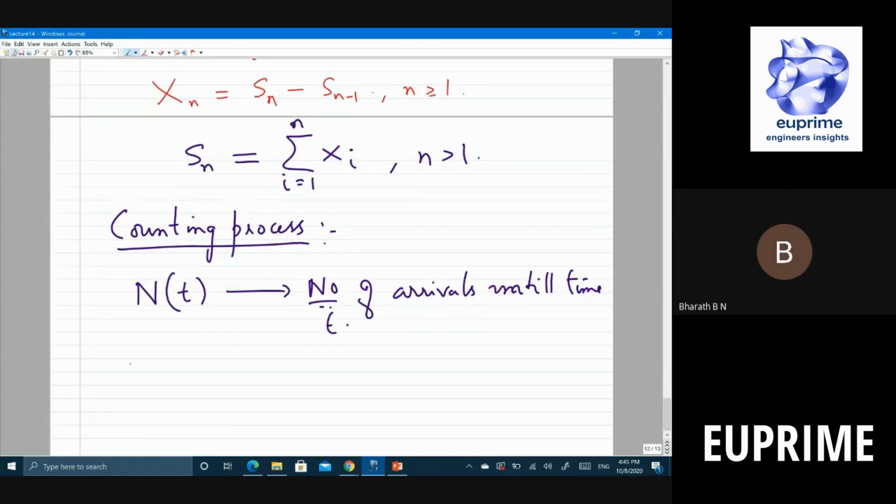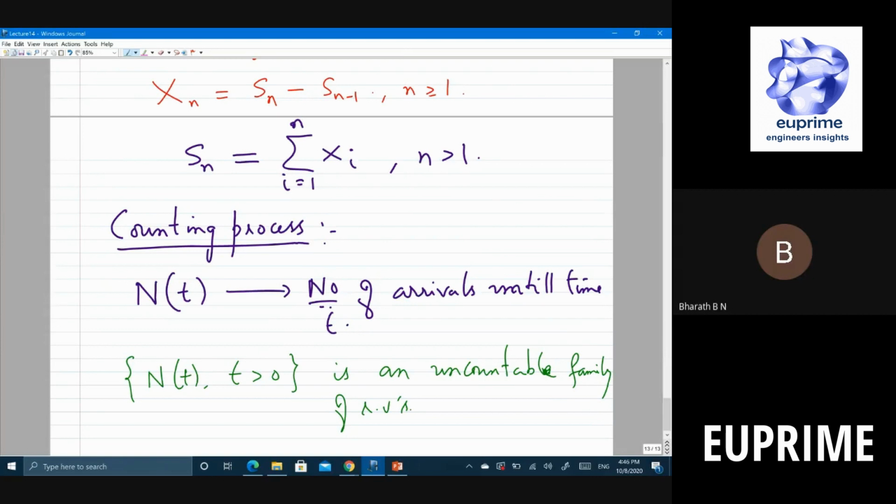So N of t, t greater than 0, is in fact an uncountably infinite family of random variables. Well, I can say uncountable, that's enough, because infinite is uncountable. It's very difficult to describe this, right?